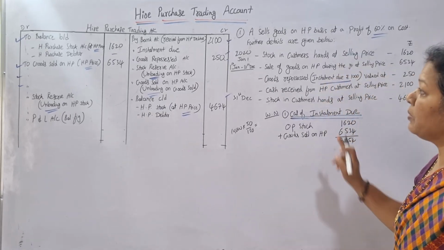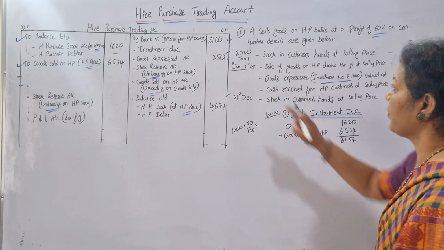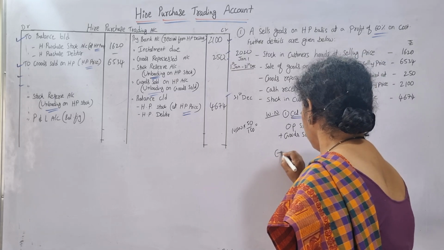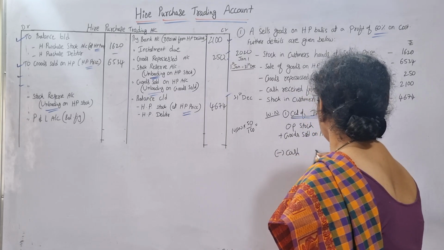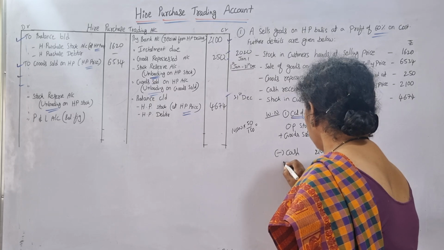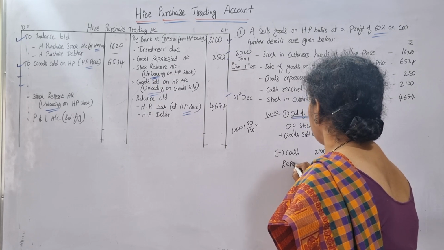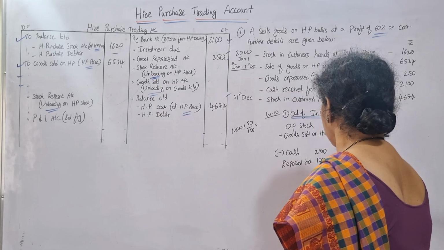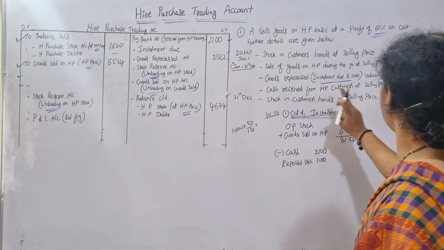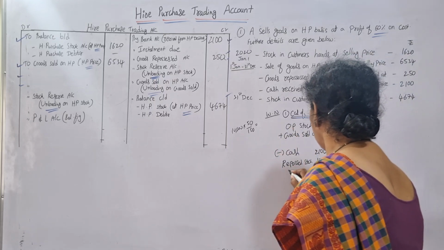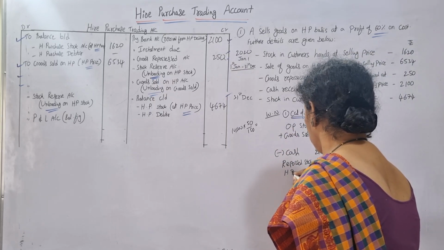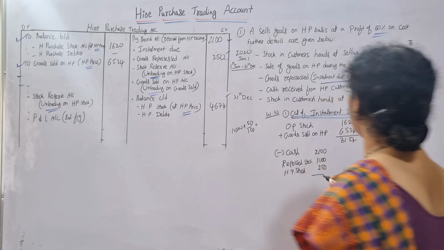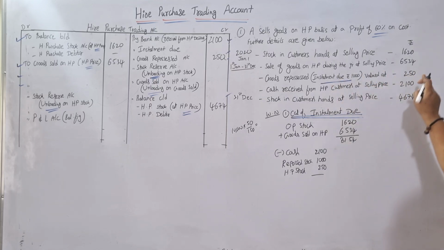8154. From this, we'll be deducting the bank, this one, and also goods repossessed. Minus cash 2100, and also repossessed stock, installment due 1000, and also the hire purchase stock repossessed value 250.